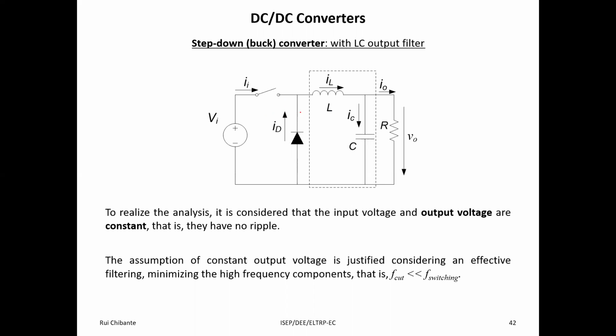Before that, remember that in terms of control, what do we control in this converter? This transistor. It is assumed that we are using here a pulse width modulation control that we analyzed last class.